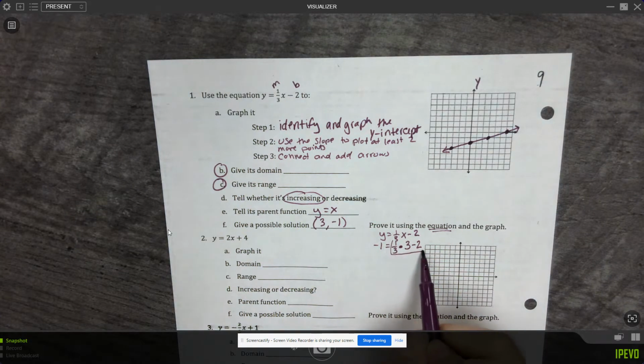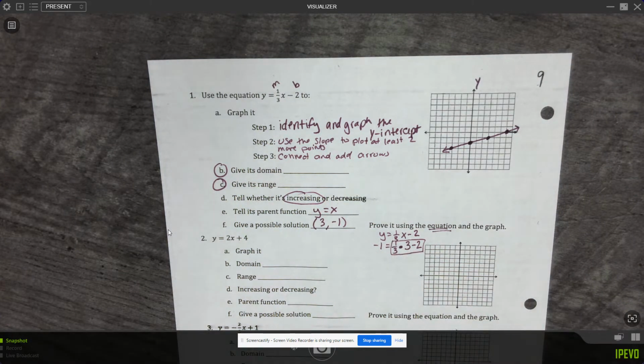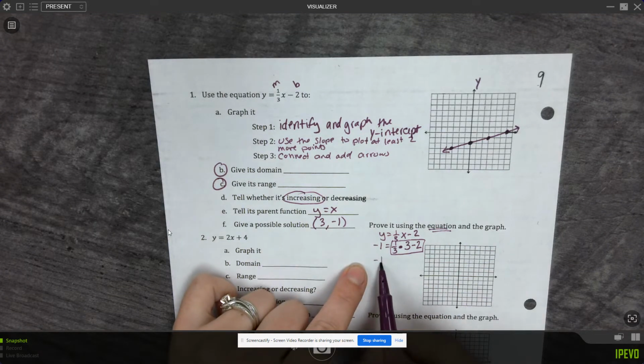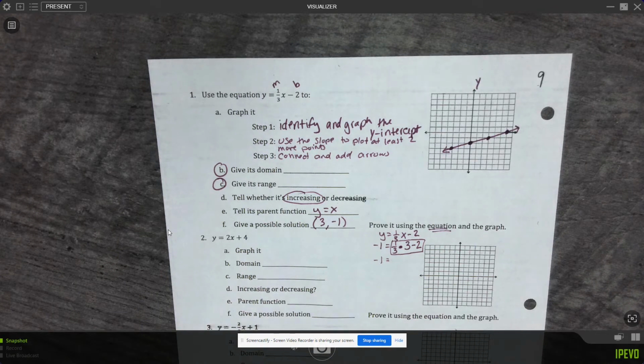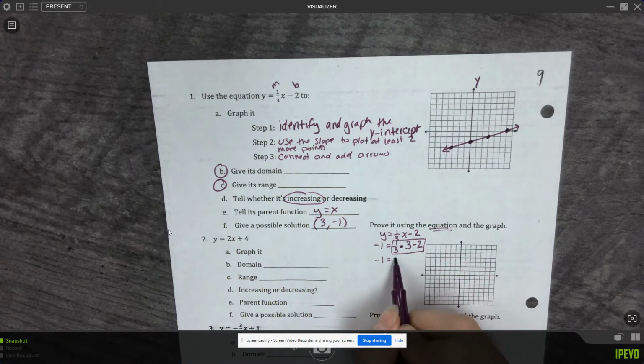All of this, 1/3 times 3 minus 2, you can just type into Desmos. The left side is negative 1 equals 1/3 times 3 minus 2. Type that into Desmos. You get negative 1.